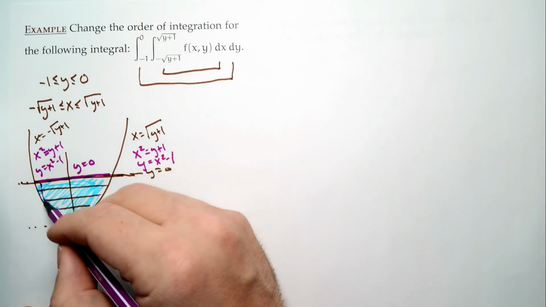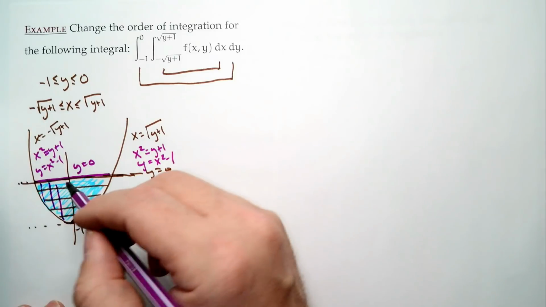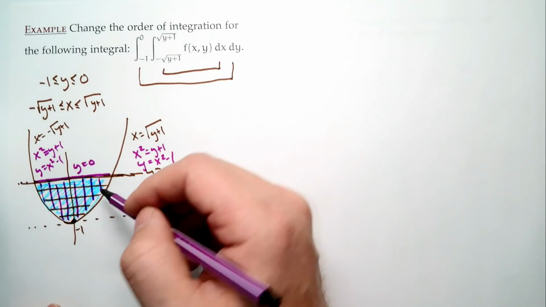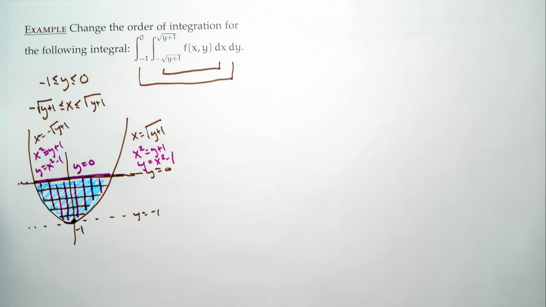So we're going to be slicing now vertically. What I like to look for is whether I'm always consistently having the same function on the top and the bottom. If I ever switch, then I have to break up my integral. In this case, we always consistently have the same functions. On the top, what do we have? Y equals 0. On the bottom, what do we have?